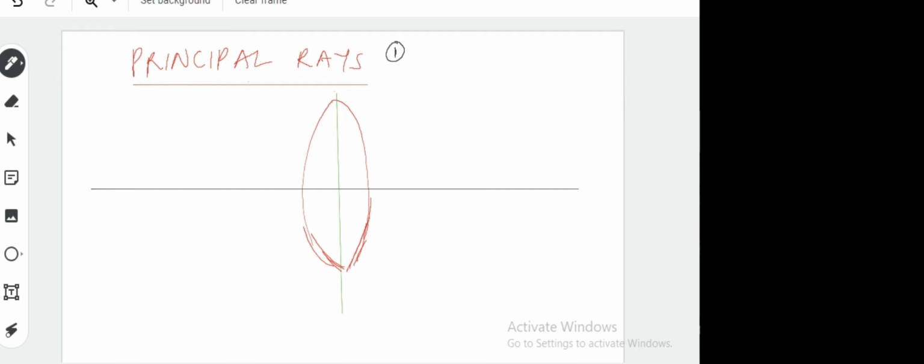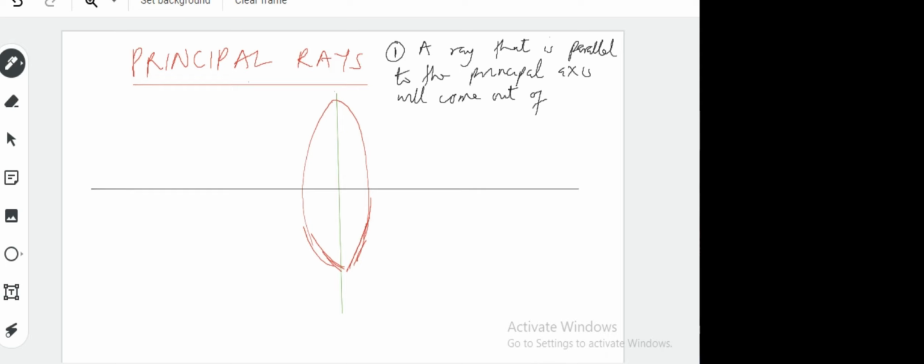Number one, a ray that is parallel to the principal axis will come out and pass through the principal focus.